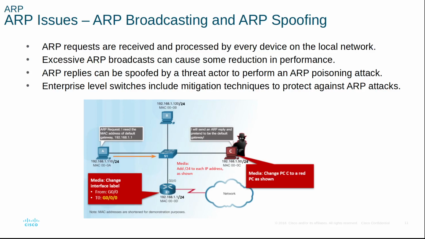ARP replies can be spoofed by somebody trying to hack your network. They can inject some false information in there, and that's known as an ARP poisoning attack. Enterprise level switches have mitigation techniques to protect against these. We're going to look at them later. I don't believe later today, but later in the semester when we look at security.